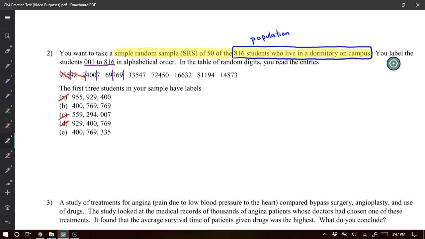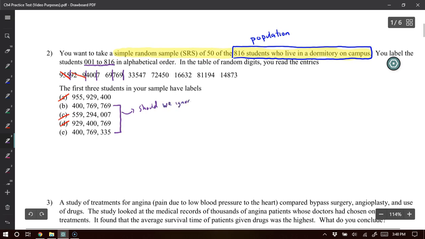So we have to ask ourselves, the difference between these is, do I keep 769? Should we ignore repeats? Because 769 appears again, but notice the next 3-digit number is 335. So it has to be one or the other, and we know based on asking the question, should we ignore repeats?